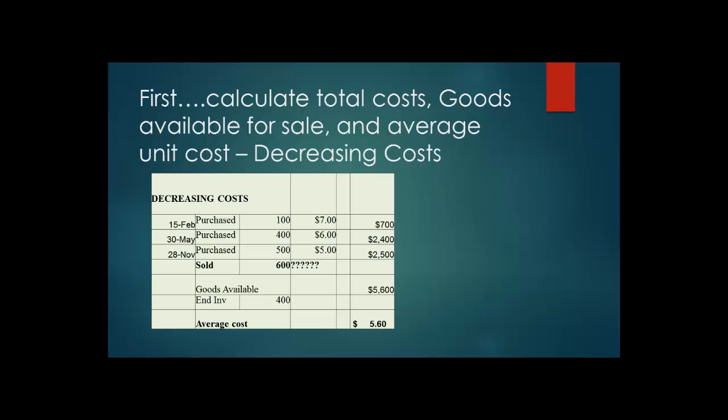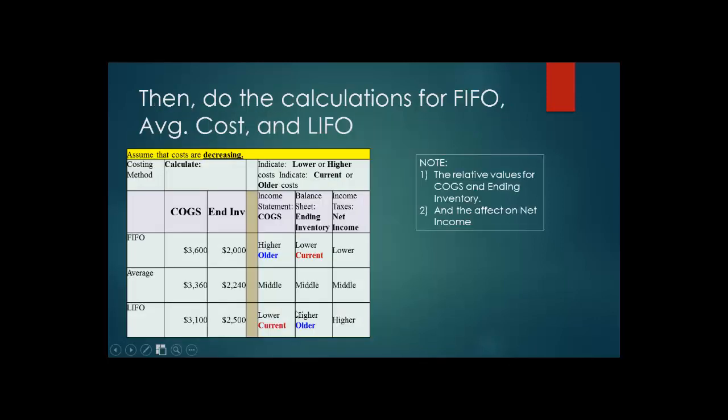So when we do average cost, we're going to take that unit average cost of $5.60 and multiply it by 600 to get cost of goods sold for average. For ending inventory, we're going to take that same unit cost times the units still in inventory. So for average cost, we get cost of goods sold of $3,360 and ending inventory of $2,240.